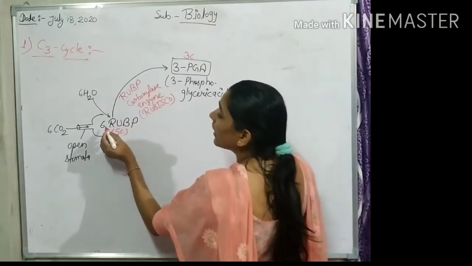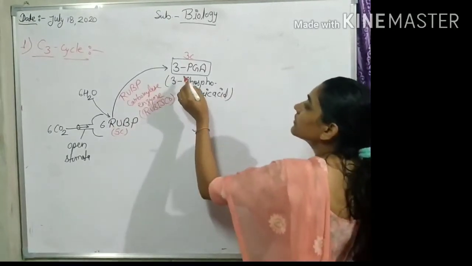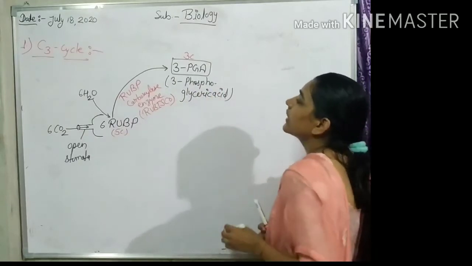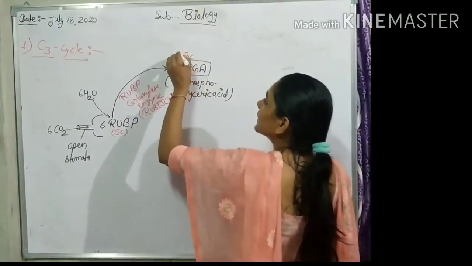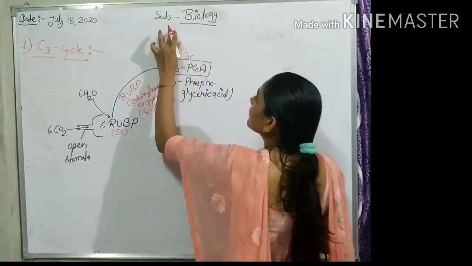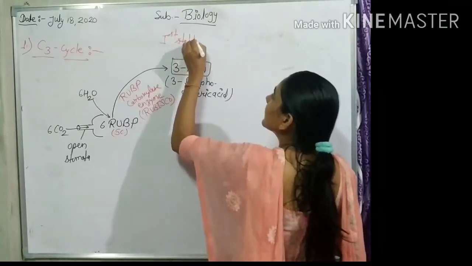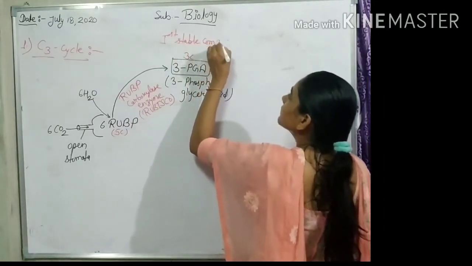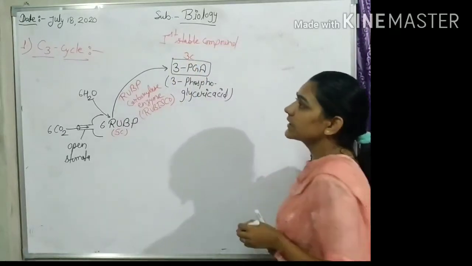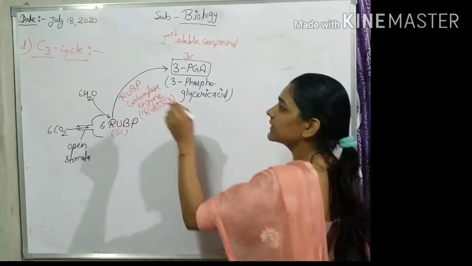Then RuBP converts into a 3 carbon compound which is known as 3-phosphoglyceric acid, and it is the first stable compound of the C3 cycle. That's why the Calvin-Benson cycle is known as the C3 cycle.